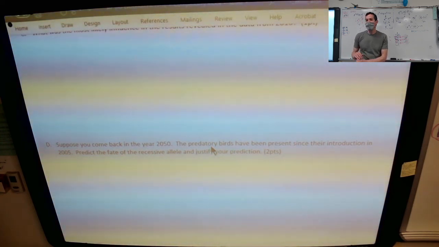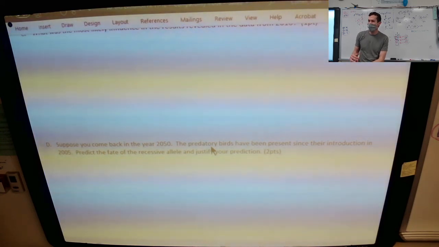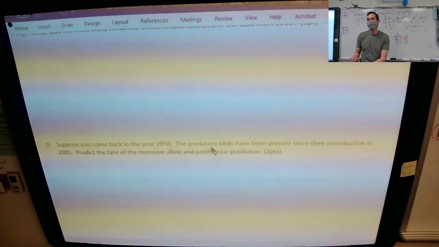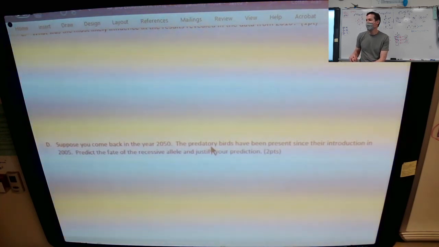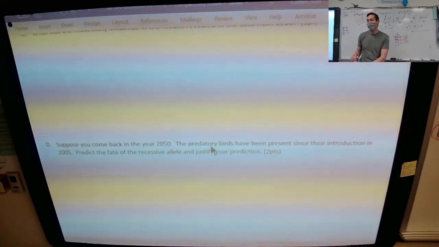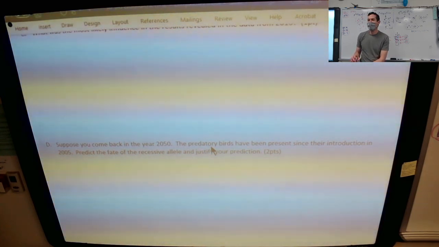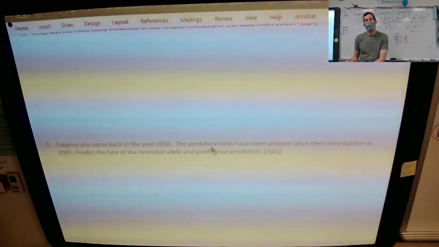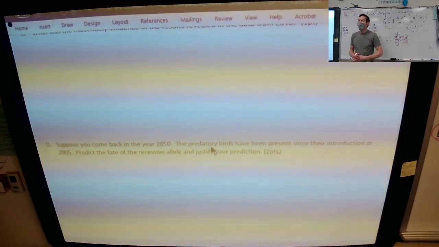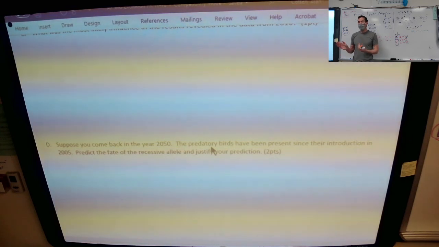All right, so do you think the recessive allele would be higher? Well, of course not. Do you think it would be lower or zero? Why is it not going to be zero ever, most likely? This comes down to a fundamental question in genetics. Why do we never evolve out of really rare recessive diseases?